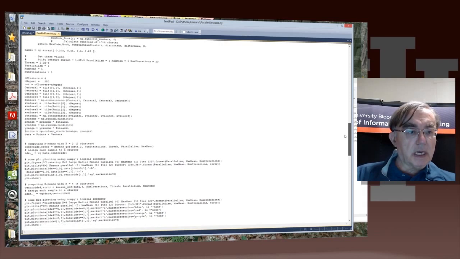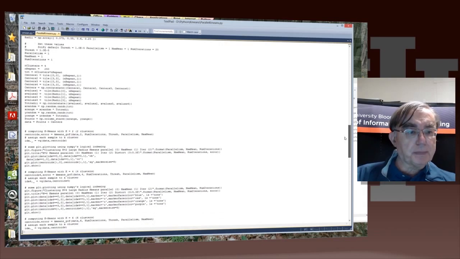But let's look and see how we generate random numbers. We set tot to be 1,000, 250 by 4. That's the total number of points we want.